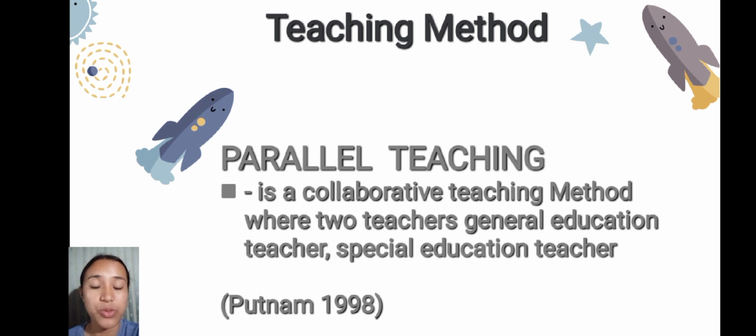In the case of inclusive education, it turns on classifying and categorizing those students. There are students with disability and students without disability. Those students with disability are accommodated by the special education teacher, and those students without disability are accommodated by the general education teacher.